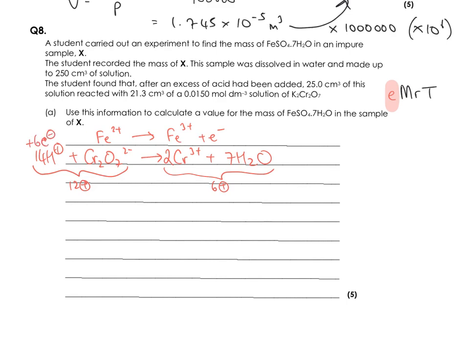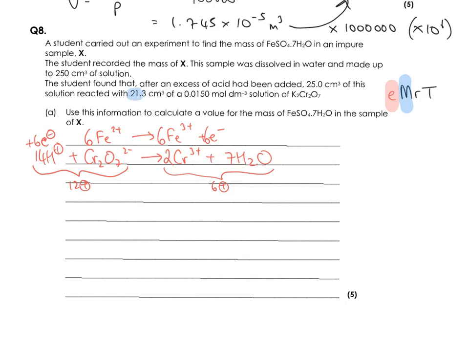So therefore, you would need to multiply this top one up by 6 if you were adding together those two equations to make the overall equation, but in this case we don't need to, because we don't need the overall equation. All we need is the ratio in order to move forward. So the next step is the M, moles in EMRT. We need to work out what we can work out the number of moles of.